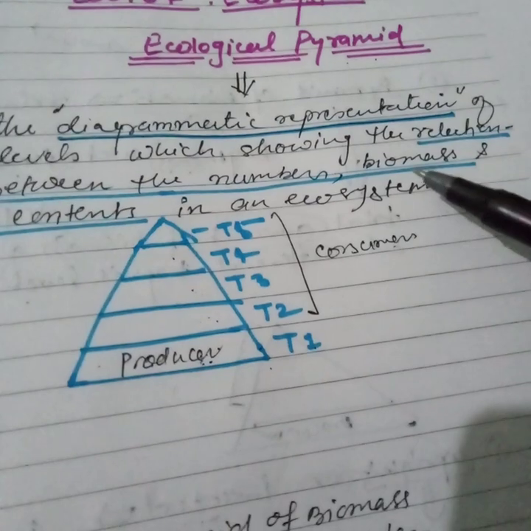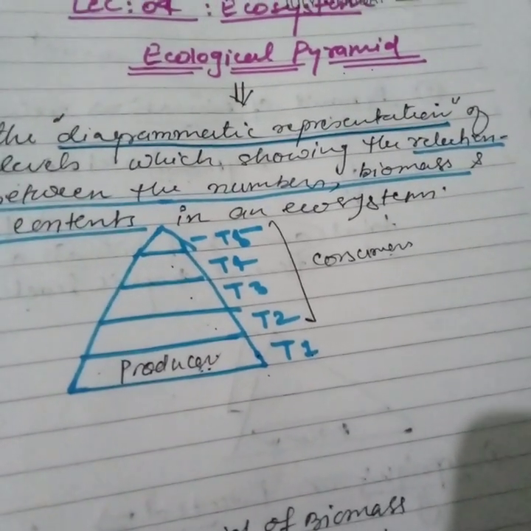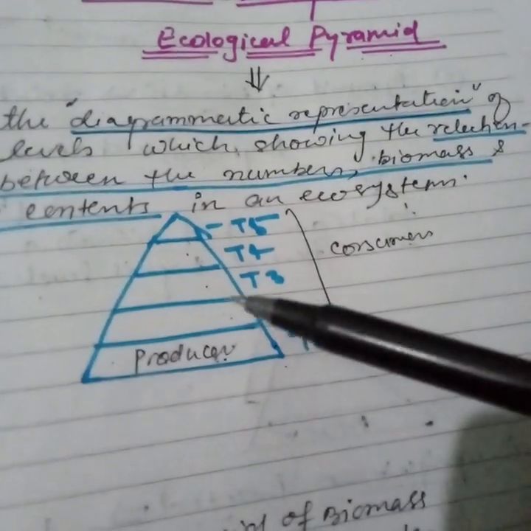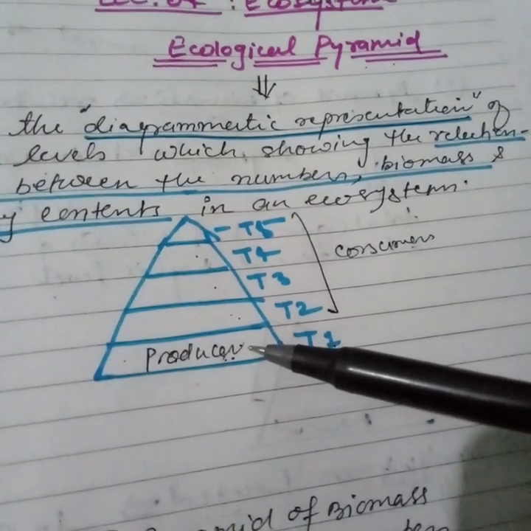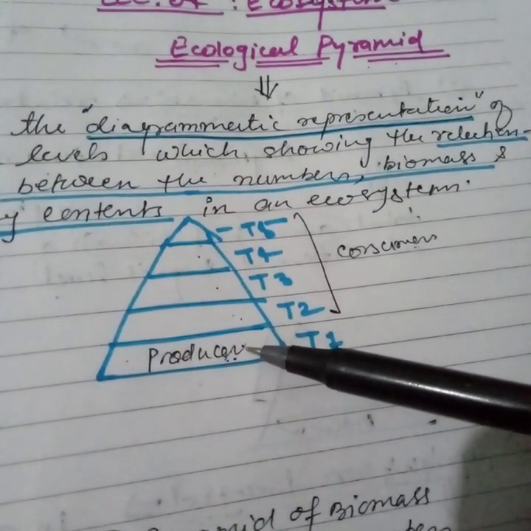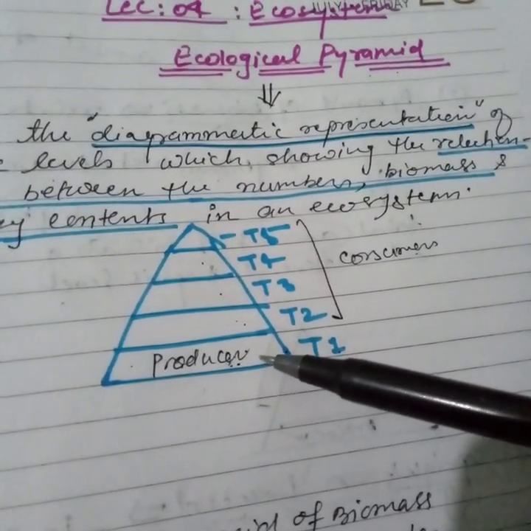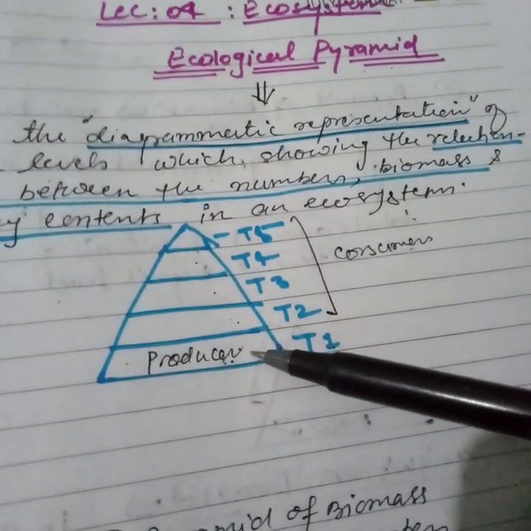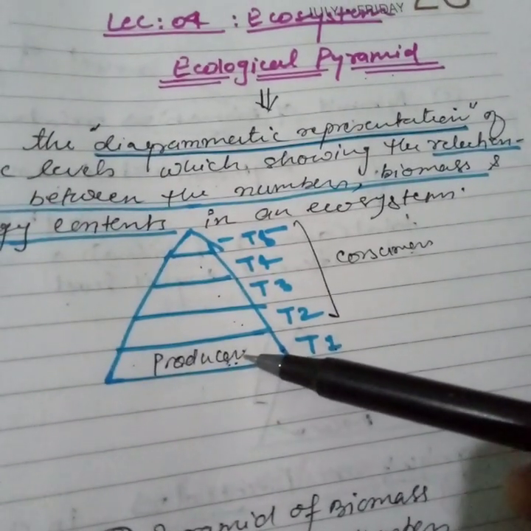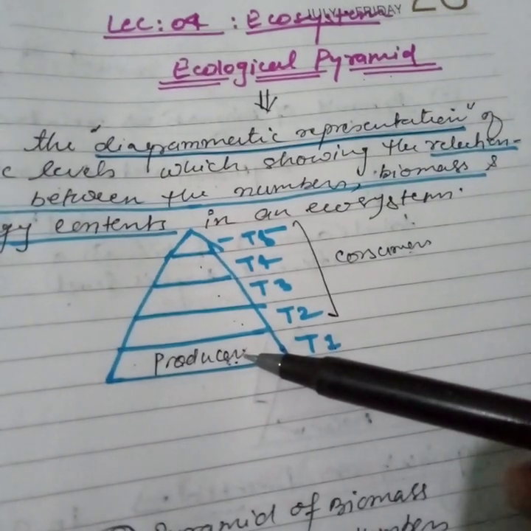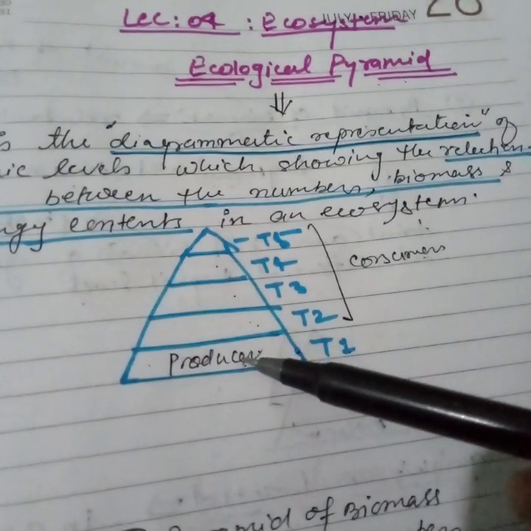So this diagrammatic representation is showing the trophic levels, and as we know, the trophic level first includes the producers, because the base of the ecological pyramid shows the producers' position. So what is the position of producers in the trophic levels? That is the base.